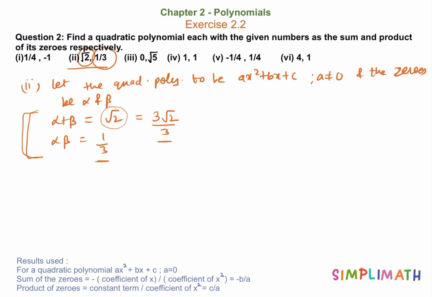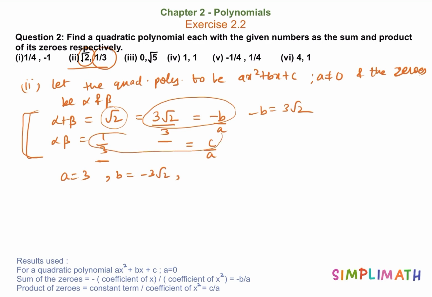Now we know that alpha plus beta is minus b by a, and alpha beta is equal to c by a. So I can say a is equal to 3 in both the cases and minus b equals 3 root 2. So b equals minus 3 root 2. And similarly over here we see c equals 1.